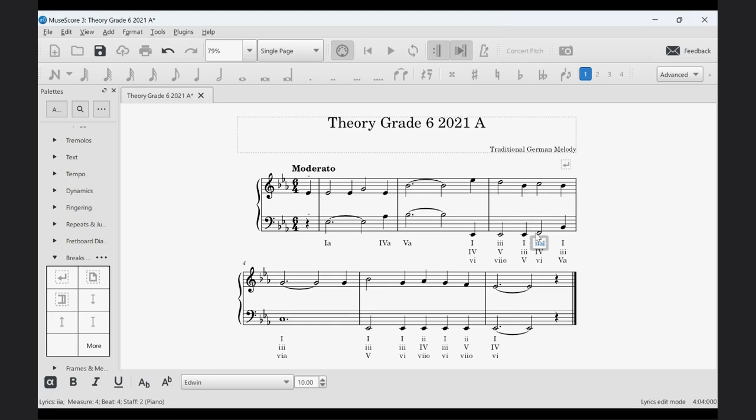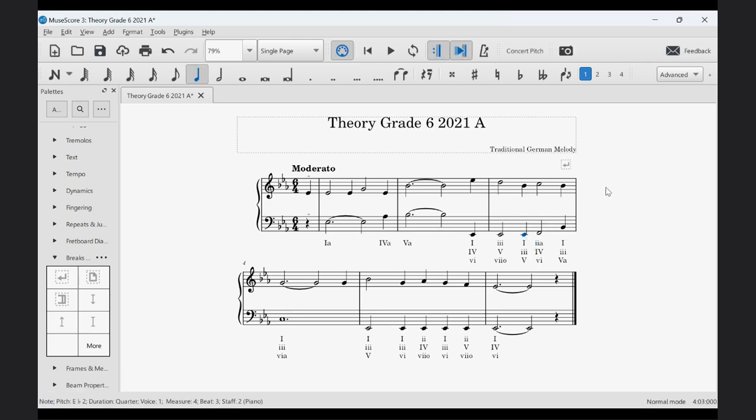And when we are doing question 1, we will want to avoid having a consecutive fifth and eighth between the voices, right? So to avoid that, we can aim for a contrary motion.